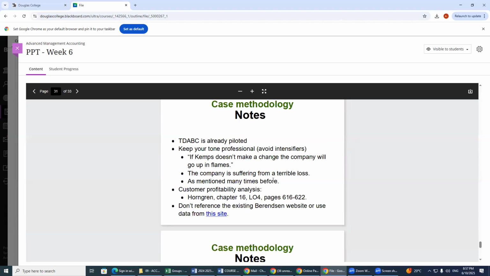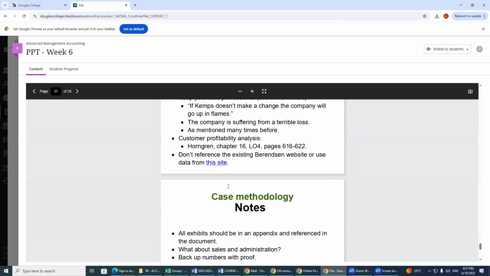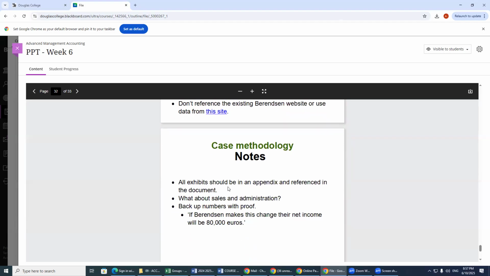If you're using Horngren as a reference, you can go to those pages. Now, the Berenstain Island, you probably won't be able to find it. On the notes, everything you're going to have in the appendixes. The appendixes will be clearly communicated to you.